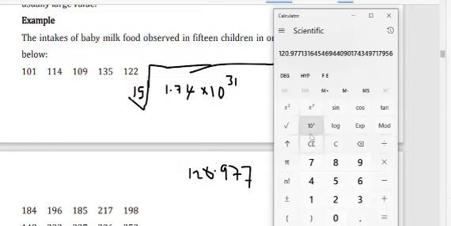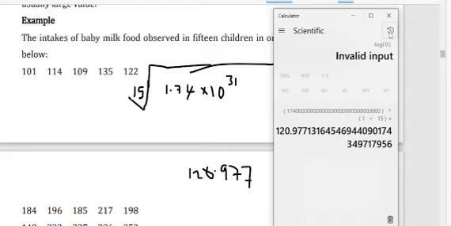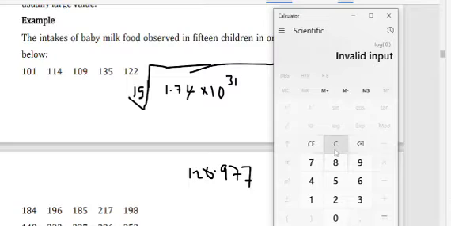Okay, because I rounded my values up, I think that's why. So I'm going to take log. Oh, my scientific calculator is not the normal calculator, so it's giving me some little problem.